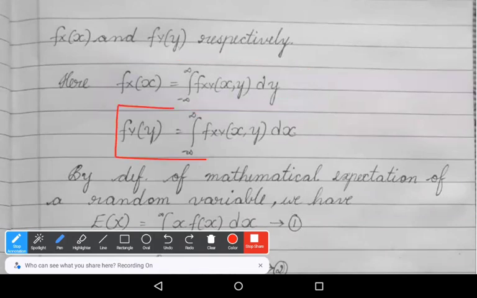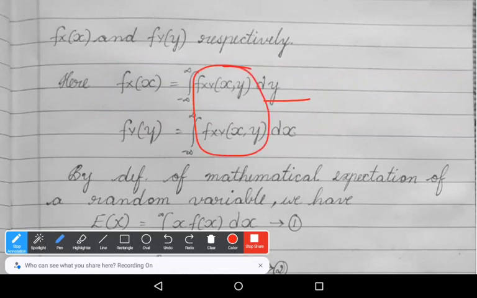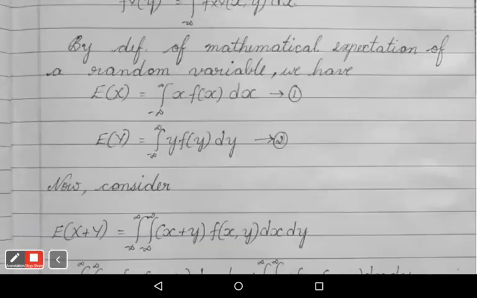Remember that. Here you must use the opposite variable. Similarly, fy of Y is equal to integral minus infinity to plus infinity fxy of X comma Y dx. So these two marginal PDFs are defined by using the opposite variables. The integrand is the same, but the integration is with respect to Y here and with respect to X there. Now apply the definition of mathematical expectation.